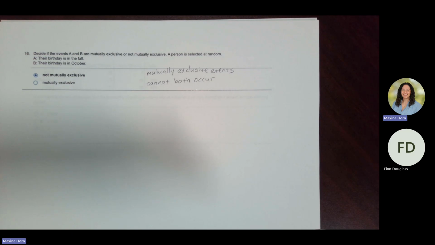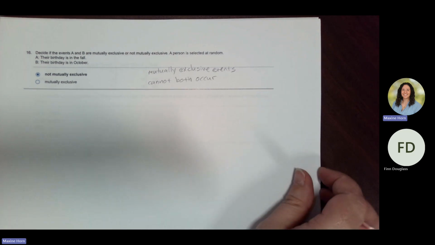Now, if somebody said that a birthday was in the spring and it was in October, then we would say those things are mutually exclusive. October has no overlap with spring at all. So just make sure you understand the vocab word. Mutually exclusive events are events that do not have any overlap. They cannot both occur.